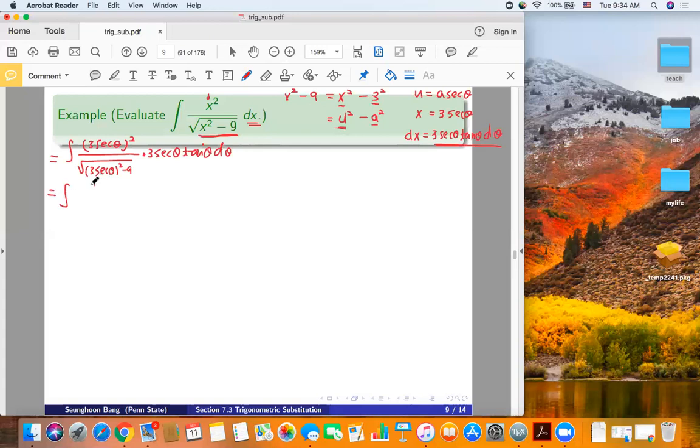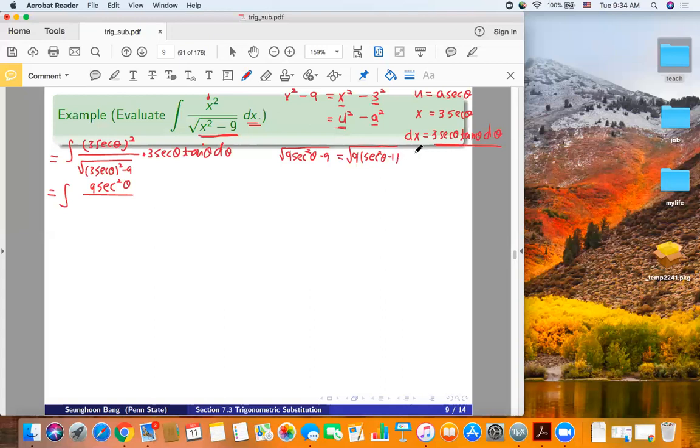The top is 9 secant squared theta over the bottom. For the bottom, we can use this rule: the square root of 9 secant squared theta minus 9. You factor out 9: the square root of 9 times (secant squared theta minus 1).